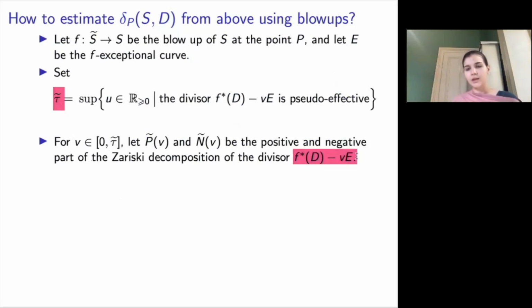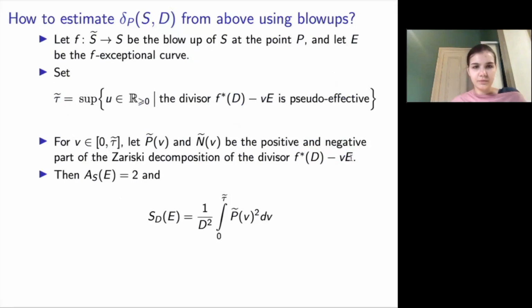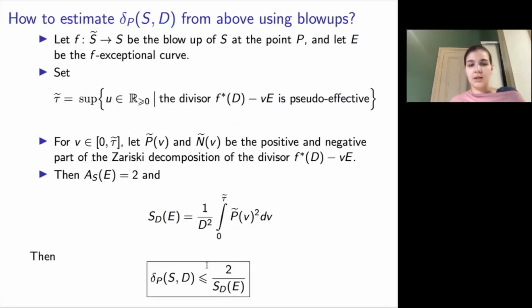So it's the transform of the initial divisor D and our exceptional curve. Then the log discrepancy for this exceptional curve is 2 because we are now above our initial surface. And similar as before, we compute the S integral. And similar as before, directly from the definition, we get that our local delta invariant is less or equal than 2 over this S integral.